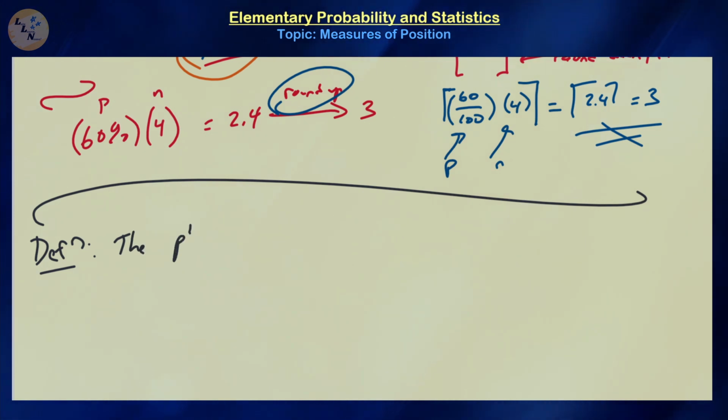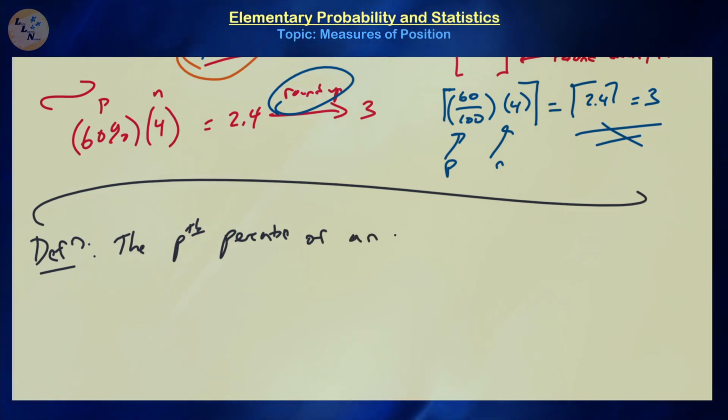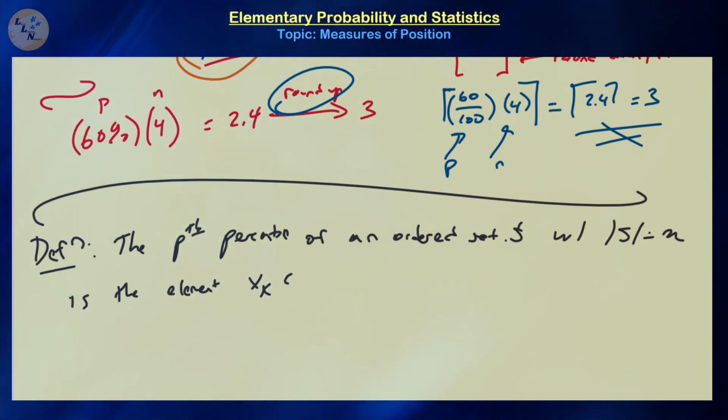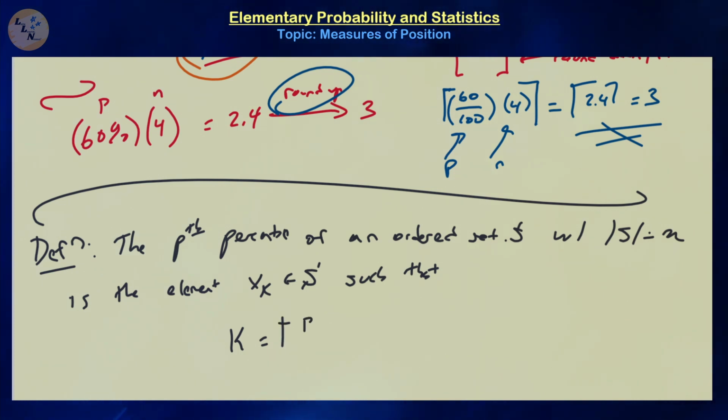The pth percentile of an ordered set S with the size of S equal to n is the element xk, which must be an element of S, such that its index k is equal to the ceiling of p divided by 100 times n. That looks like a weird symbol, right? So there we go. And that is the formula for the percentile.